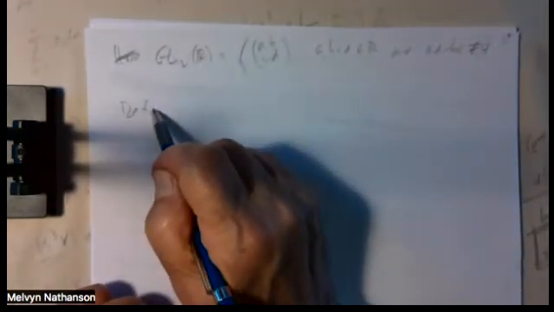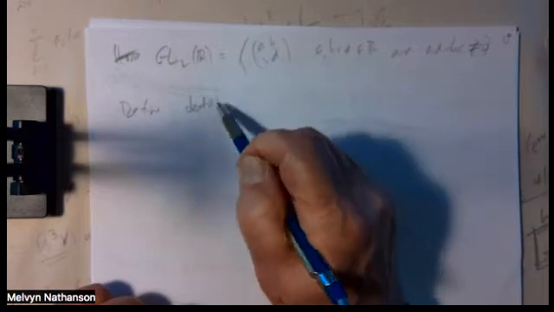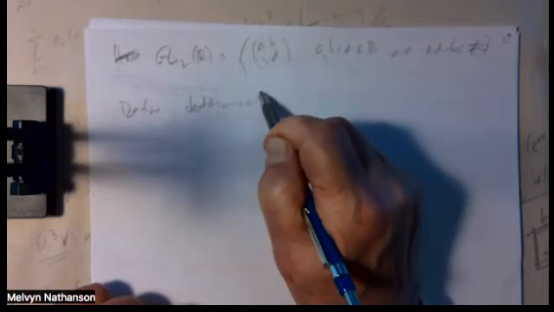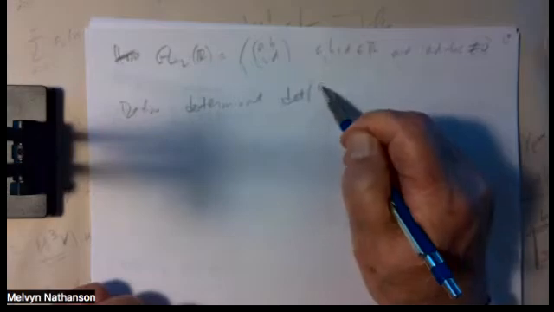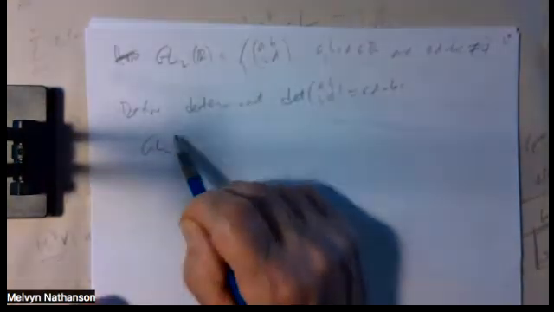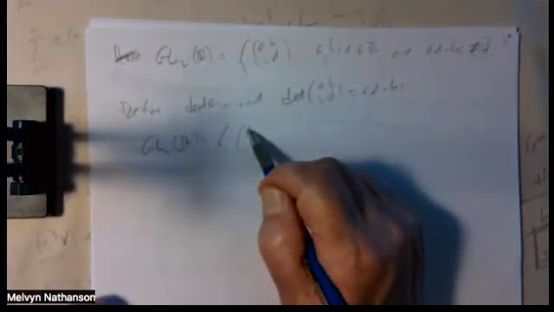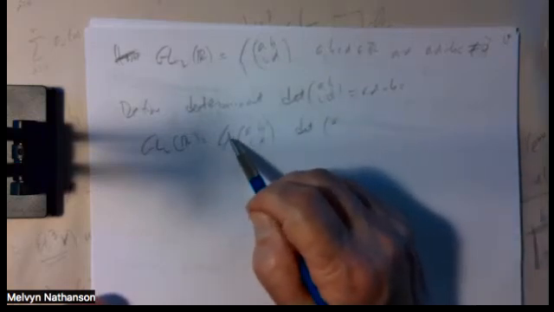So we can define the determinant. This is the definition of a 2 by 2 matrix as the number ad minus bc. So GL2R, this is all matrices a, b, c, d, where the determinant, call this capital A, the determinant of A is not 0.